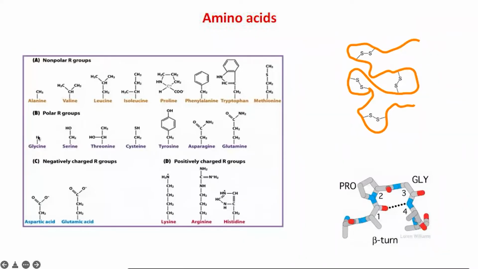It has, as a side chain, only a hydrogen, whereas there's a methyl group for alanine. Tyrosine, phenylalanine, tryptophan have aromatic side chains, and this gives them special spectroscopic properties, which we will really not talk about in today's class. There are negatively charged side chains and positively charged side chains.